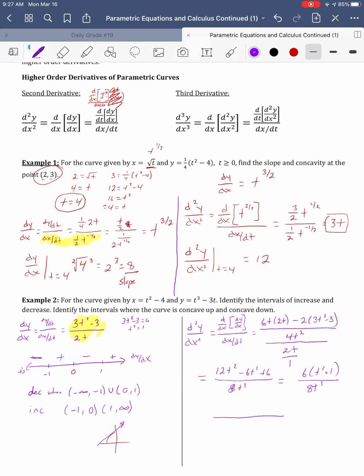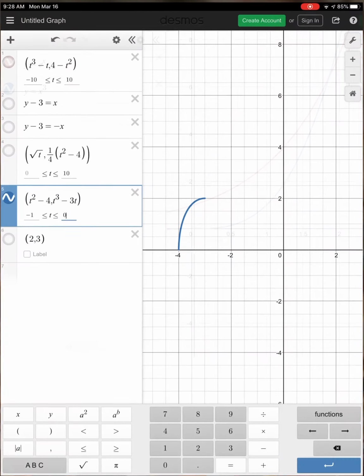So my second derivative sign chart has a 0 on it. So if I plug in 100 there, you get a positive, or positive is positive. And plug in like -4, you get a negative. So I'm concave up from 0 to infinity, concave down from -infinity to 0, which I can see.